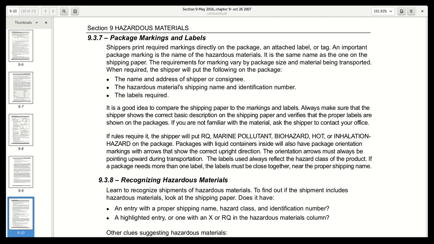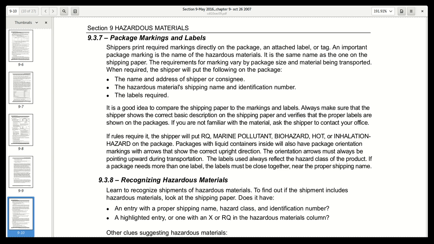If rules require it, the shipper will put RQ, marine pollutant, biohazard, hot, or inhalation hazard on the package. Packages with liquid containers inside will also have package orientation markings with arrows that show the correct upright direction.